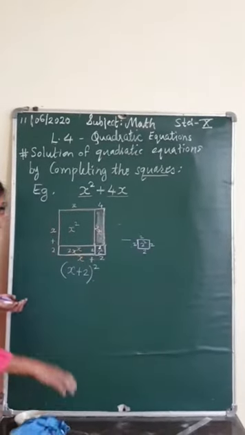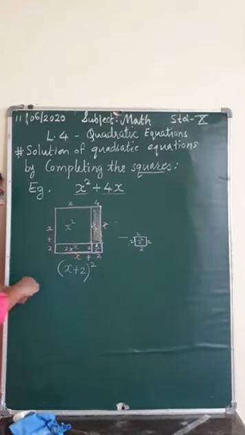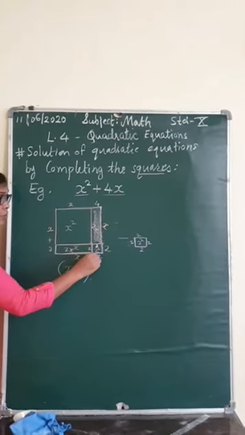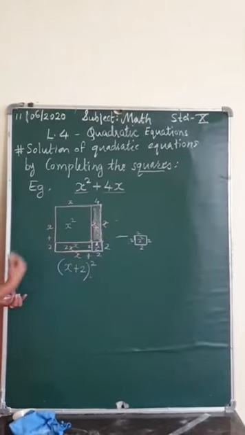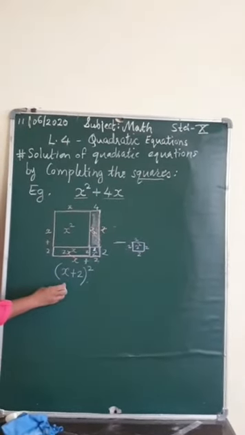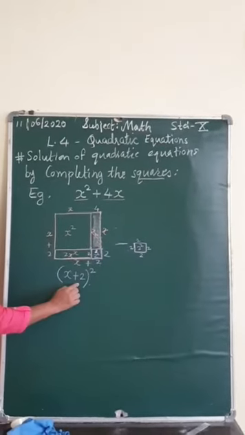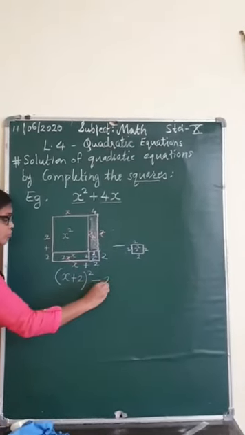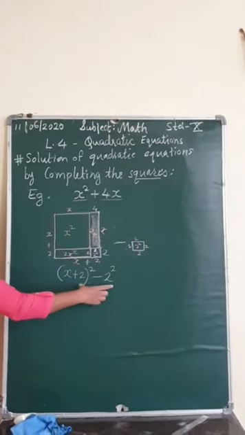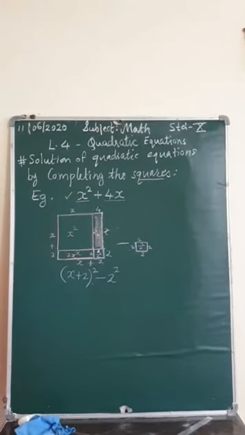So this whole thing gives us a complete square. But here we have added this extra square, which we are subtracting from it. So how to express that in an expression? x plus 2 whole bracket square minus 2 square. And see whether, after solving this, you are getting the same quadratic polynomial or not.